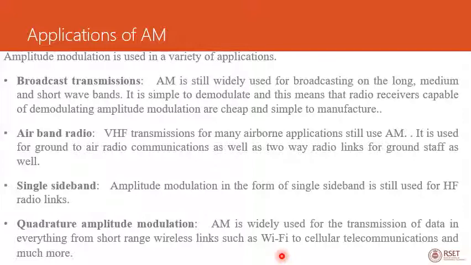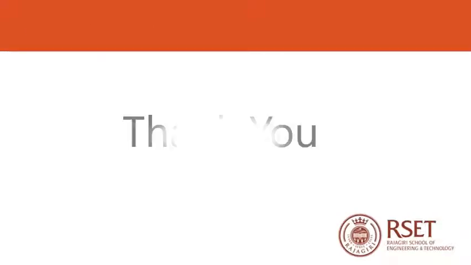The carrier is only a high frequency signal which is used to carry your information signal. If you are able to suppress the carrier signal, then 100% efficiency can be achieved. Then we saw different applications of AM: broadcast transmission, air band radio, single sideband and quadrature amplitude modulation. In the next lecture, we are going to discuss double sideband suppressed carrier and single sideband AM.